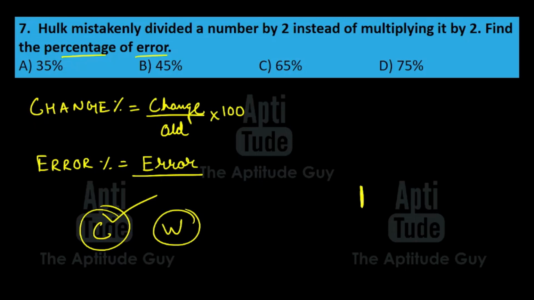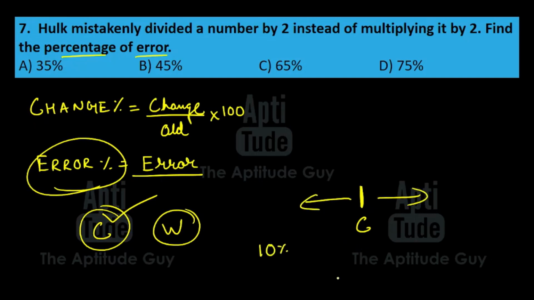So let me visualize it for you. Suppose this is the correct answer. Error percentage is basically how far away are you from the correct answer. If the error is 10%, then it means that you are either 10% on this side or 10% on this side of the correct value. If the error percentage is 0%, that means you are not at all farther from the correct value. You are exactly on the correct answer.